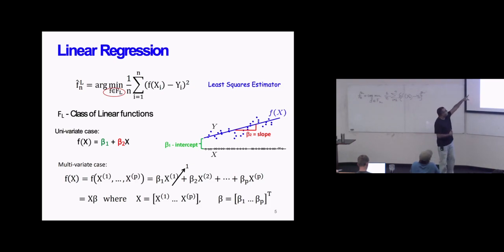And that's why if we have a univariate case, you could see that to transform a x to y, a linear function is something like this. Function of x equals beta 1 plus beta 2x, right? Which is exactly like a line. If you have a particular x, so this is like an intercept, and this is like a slope of that line.